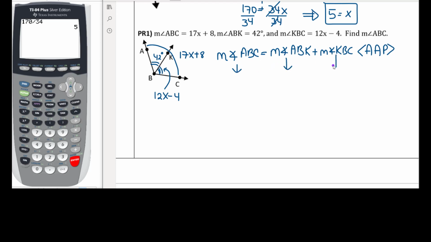The information given: angle ABC is 17x plus 8 equals, the measure of ABK is 42. The measure of KBC is 12x minus 4. Now that I have that, I follow the 4 steps of solving equations. Can I eliminate parentheses?